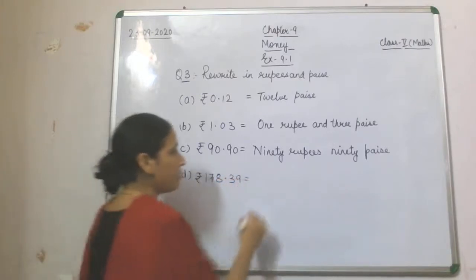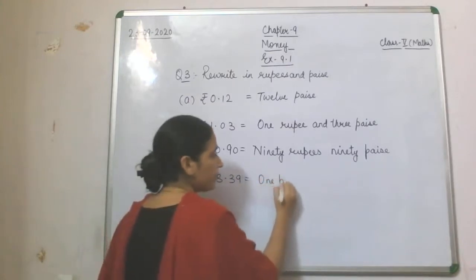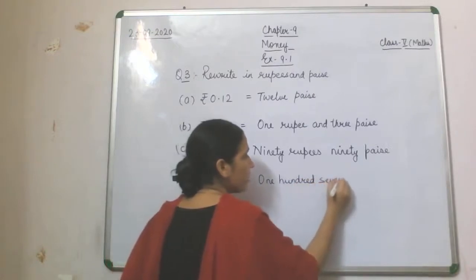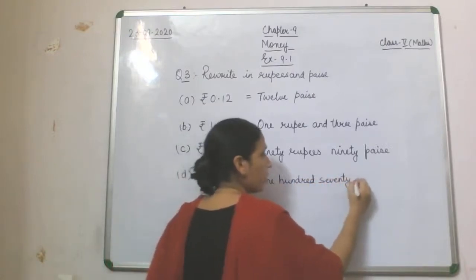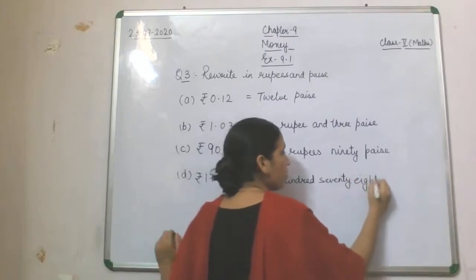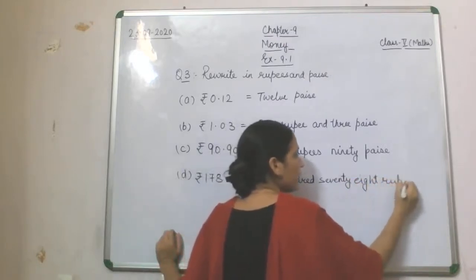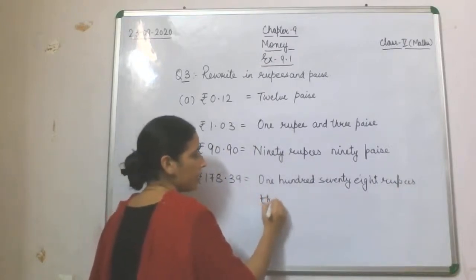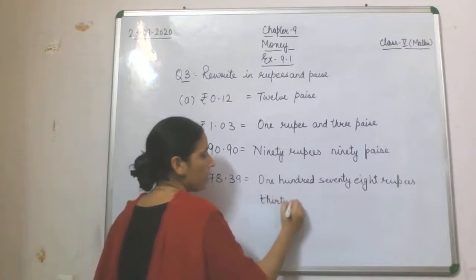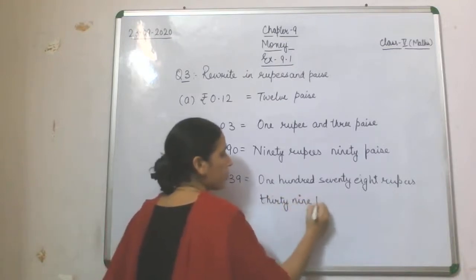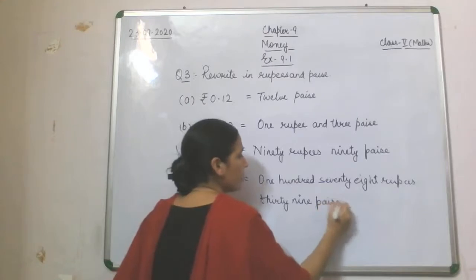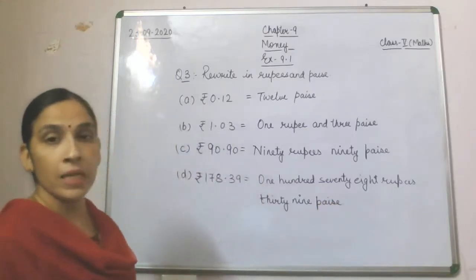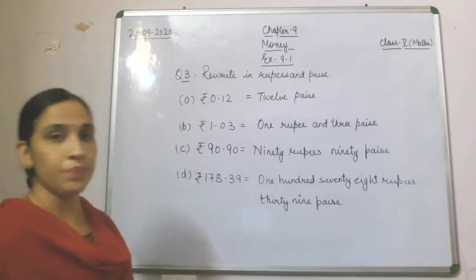So here we will write 178 rupees, and then how many paisa? 39 paise. 178 rupees 39 paise.